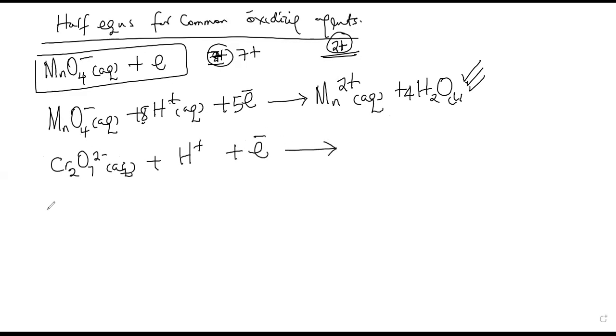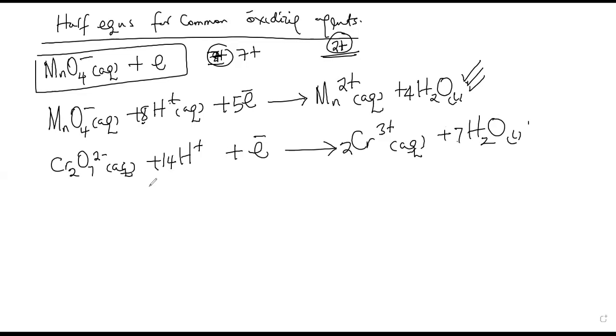Itself would be reduced to chromium 3 ion and automatically water. Chromium, we have 2. Here, we have nothing, so we put a 2 here. We first balance atoms. Oxygen, we have 7, but here we have 1. Put 7 here. Making hydrogen 14, put 14 here.